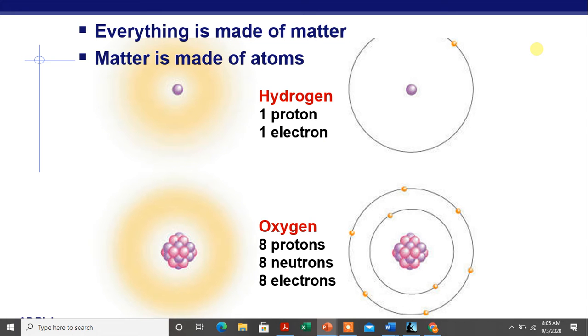So just at the very beginning, remember that everything is made up of atoms. All matter is made up of atoms, and everything is made of matter. So hopefully, even if you haven't taken chemistry, this isn't anything that's brand new. Atoms are made of protons and neutrons in their nucleus, and electrons which orbit around the atoms.